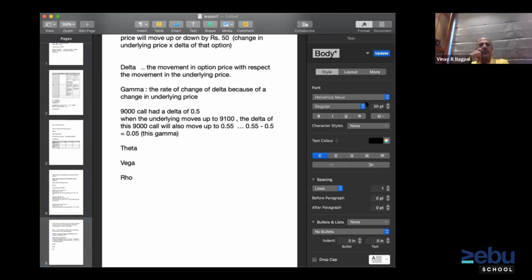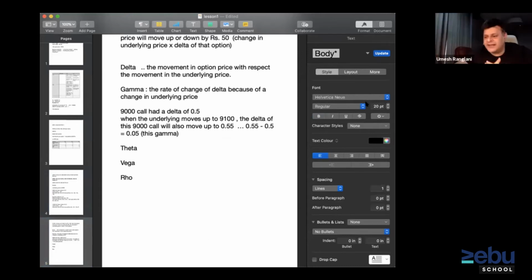Finally, the option writer wants the premium he is receiving to be all with him, and the option he has written to expire out of the money. That is why he is writing it. This is the risk premium which I deserve for taking this particular risk and writing this option.